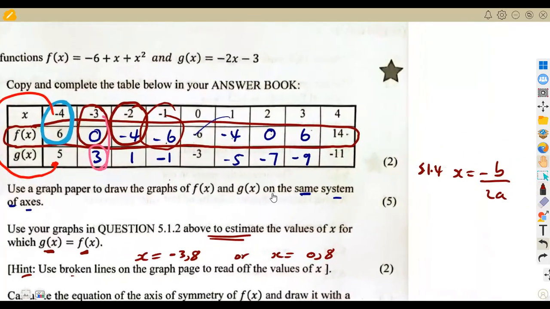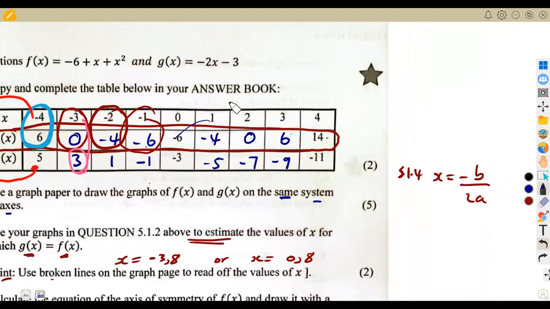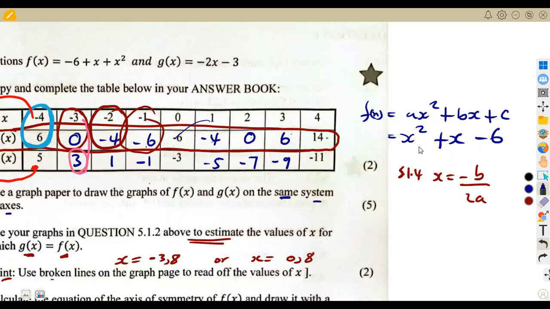From our f(x), remember, we are supposed to have this in the form of ax squared plus bx plus c. So that means we're going to have this as x squared plus x minus 6. So you can properly see where we have our a and where we have our b in this case, okay? So meaning to say our a is 1, our b is 1.